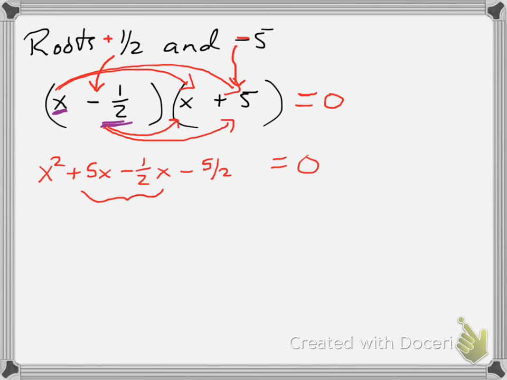Combine the buddies in the middle. And that's x squared plus 9/2 x minus 5/2 equals 0. And that answer is perfectly fine. That is an equation that has roots 1/2 and -5.